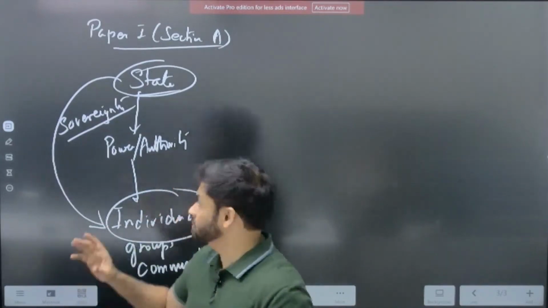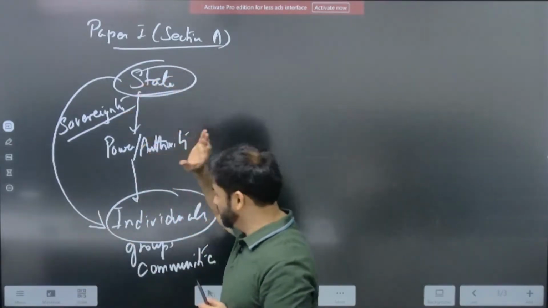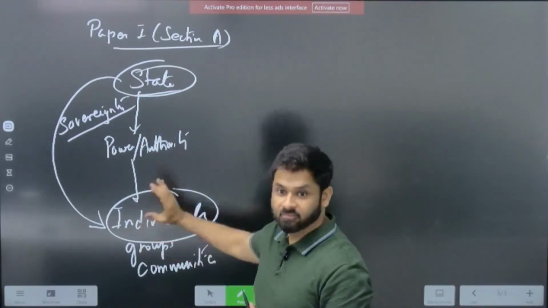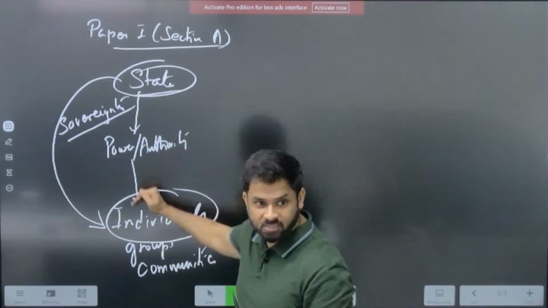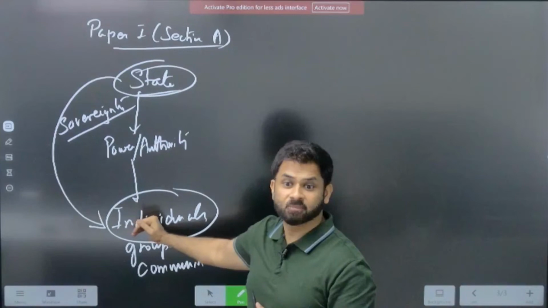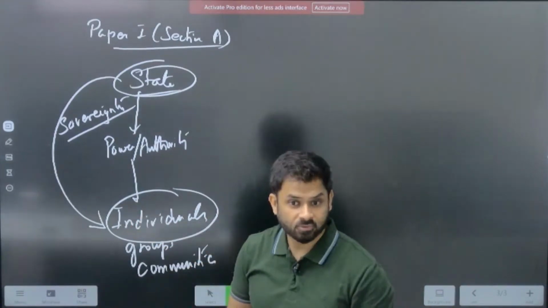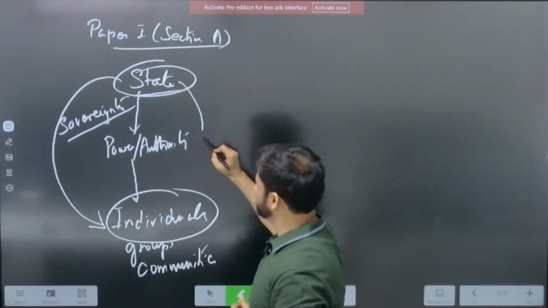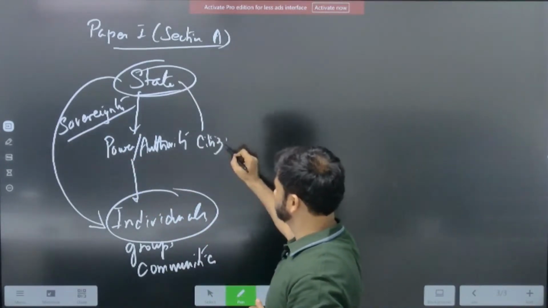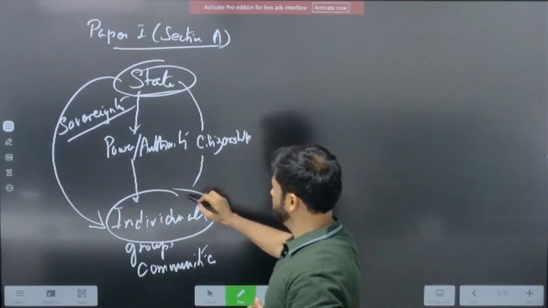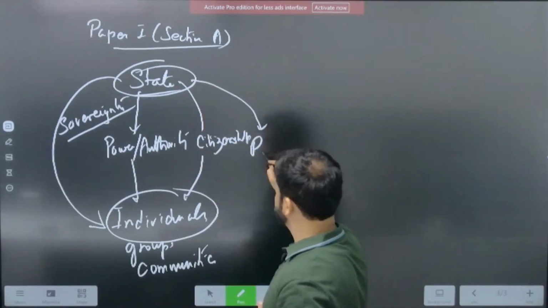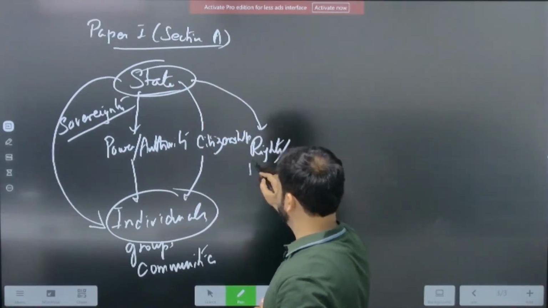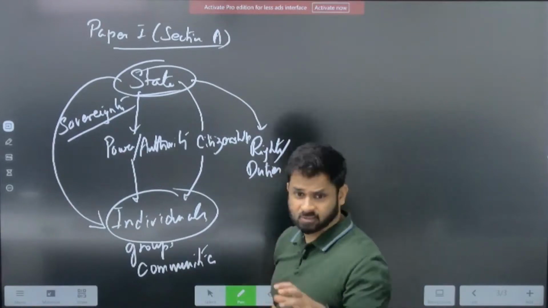So we have to understand the state, we have to understand this in individuals, we have to understand the relationship between state and the individuals, and relationship takes different forms. It takes the form of sovereignty, power, authority, citizenship, right? It takes the form of rights and duties, or you can even say obligation.